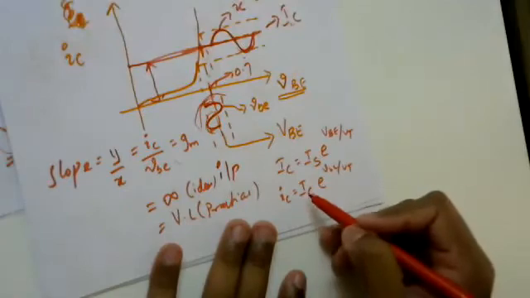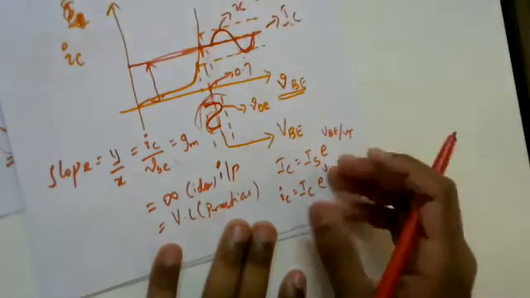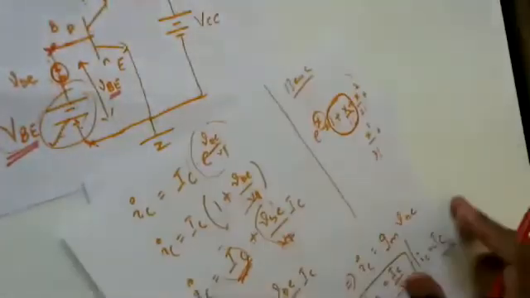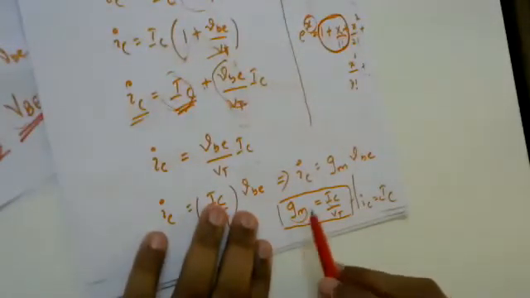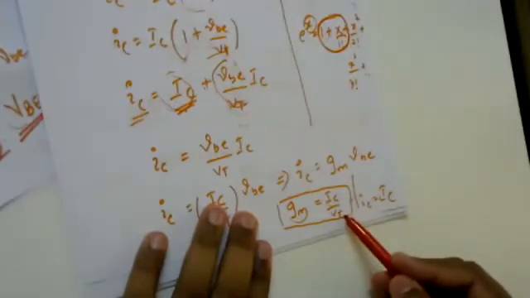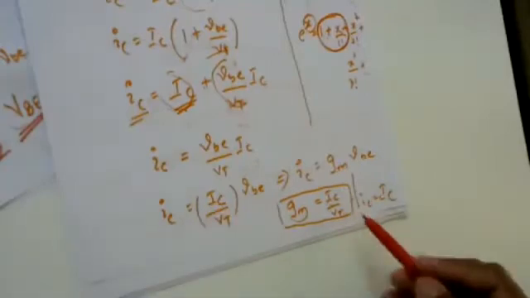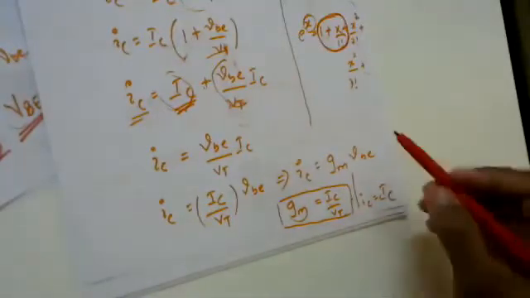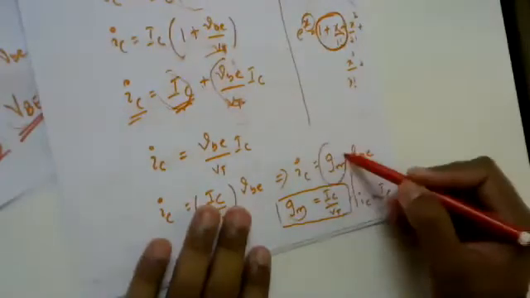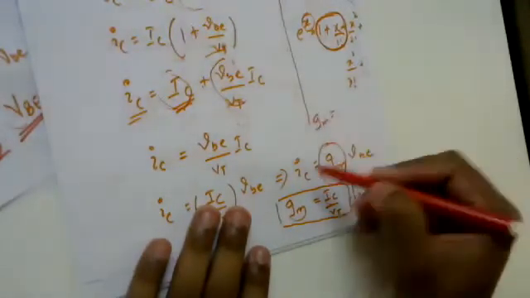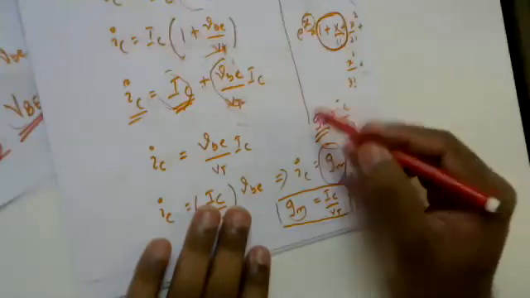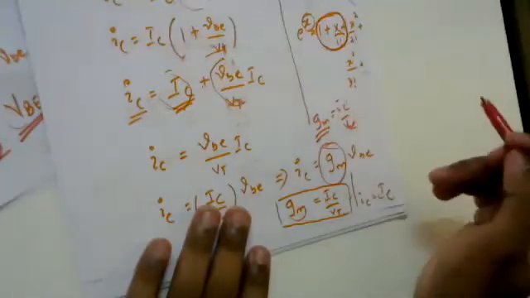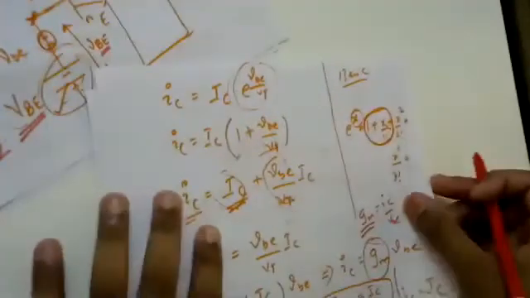The equation for the transconductance gm is given by the ratio IC by VT. So if I write gm equals ic by vbe, this is the plot we were getting, the slope of the graph ic divided by vbe, y by x. Is it clear to you?